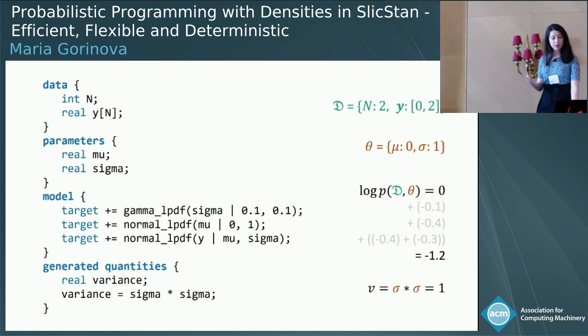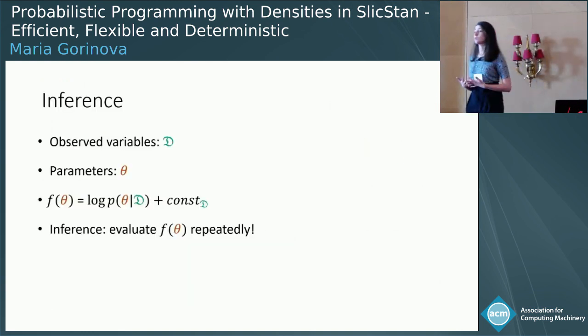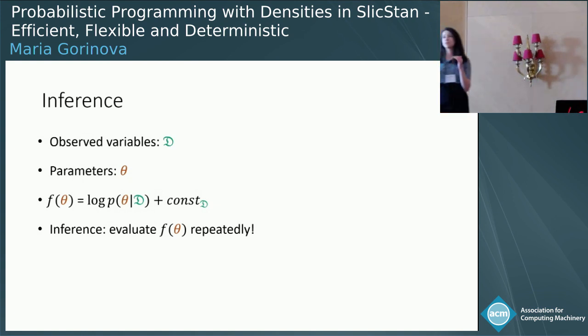And you might be wondering, why is all of that necessary? Why is it constructed that way, and so on? And the answer is that that's what Stan uses in order to do inference. And again, I'm not going to go into details here, but just take this for granted.